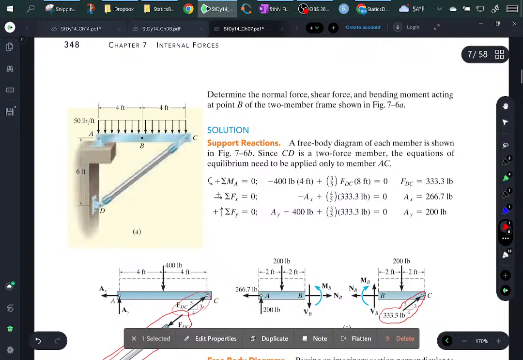At this point, it doesn't look very good, but that's a pin, and this is a pin, so you could sum moments about this point, and you can get the load here, CY. There is going to be a component CX that's going to go up along this line.